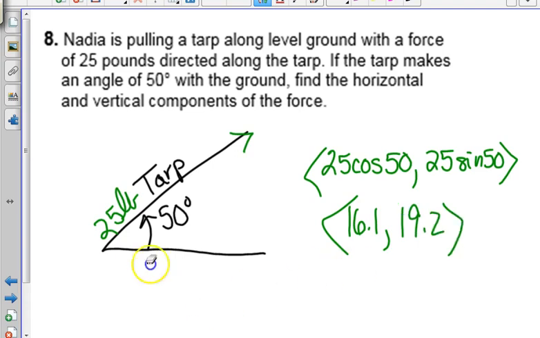Okay. So that 25 pounds of force could be broken down into two parts: how much of it's pulling horizontally and how much is pulling vertically. Everybody good?